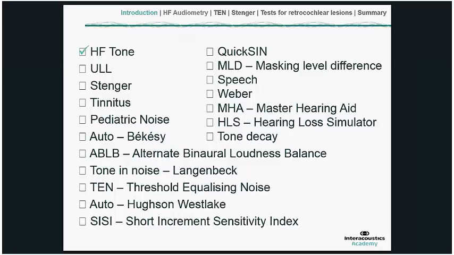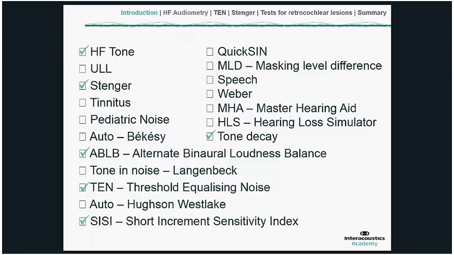So the ones that we're going to touch on are the high-frequency pure tone audiometry, the threshold equalizing noise test or TEN test, the Stenger test, and these three I've grouped together. That's the ABLB, alternate binaural loudness balance test, the short increment sensitivity index, and the tone decay test.